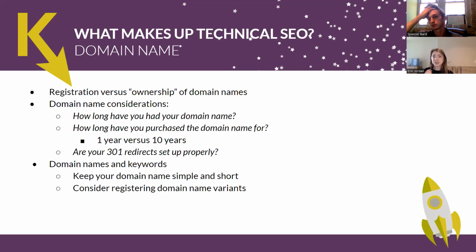And again, that's just to make sure that it doesn't lapse, as well as setting a calendar reminder right away to, down the line, re-up that registration. And then having all of your 301 redirects set up properly, so making sure that everything's pointing where you want it to in terms of your domain.